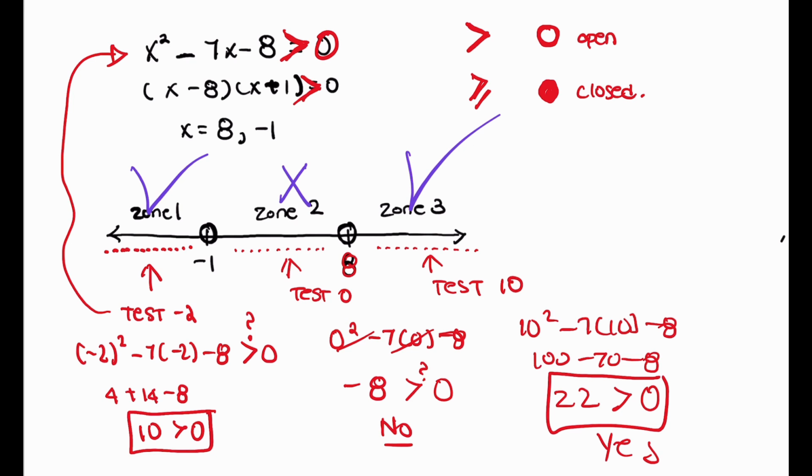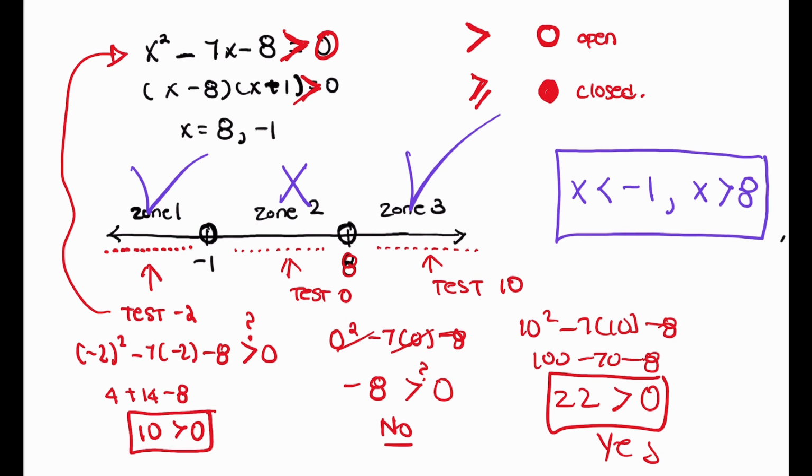Just to summarize, my x values are less than negative 1 and greater than 8. Those are your two regions. This is true, but do not include negative 1, and this is also true, but do not include positive 8.